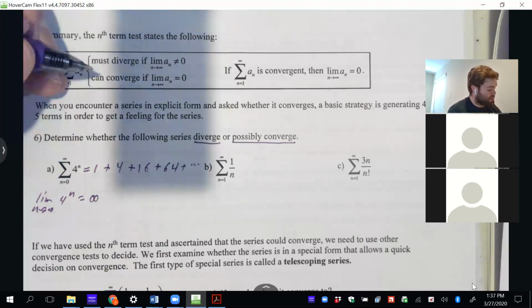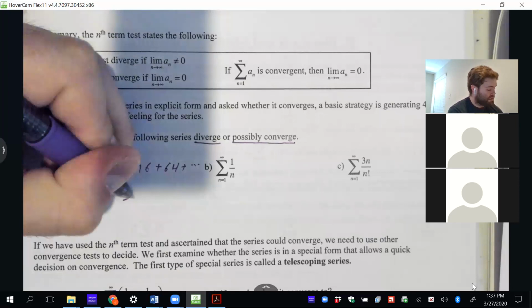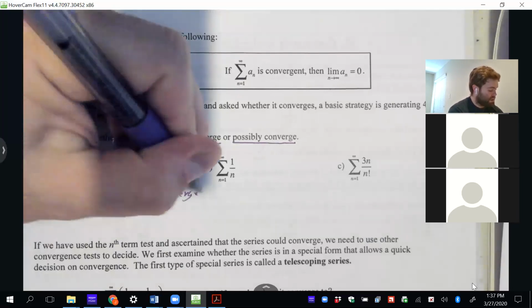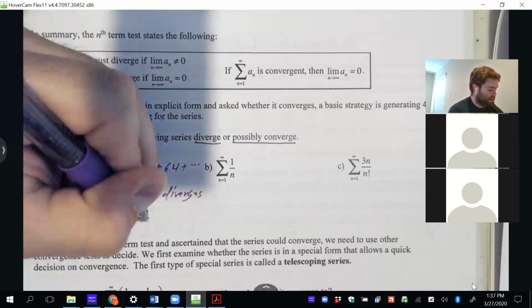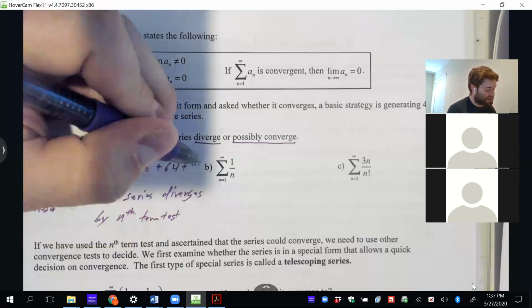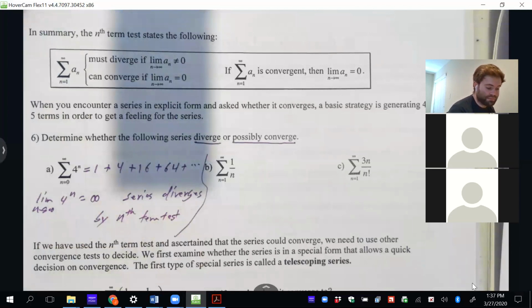So we would say that the series diverges by Nth Term Test. I'm going to say whether it converges or diverges and by what test we're using.